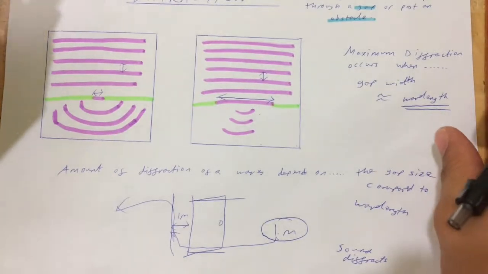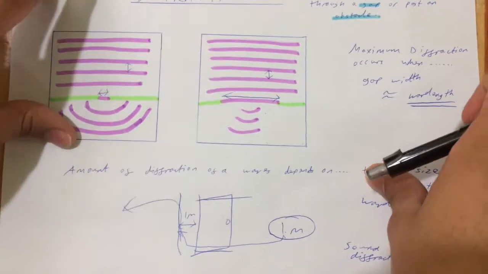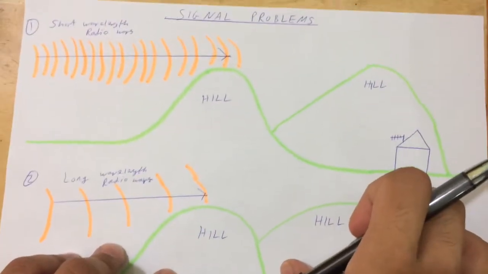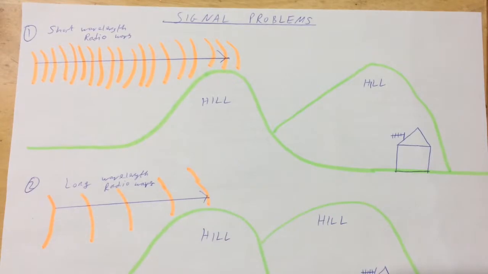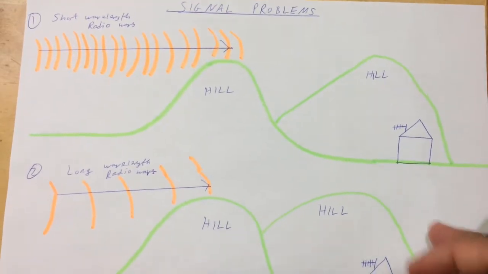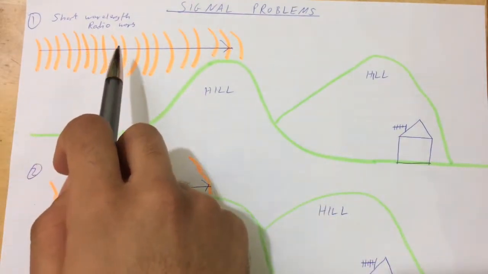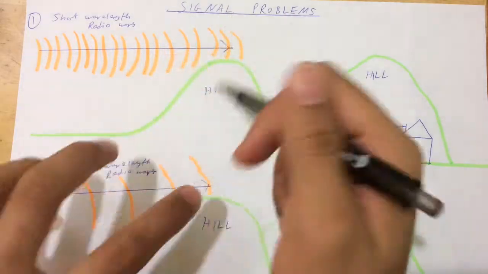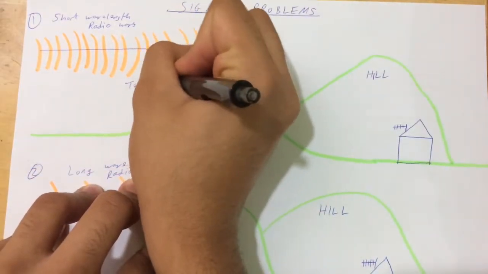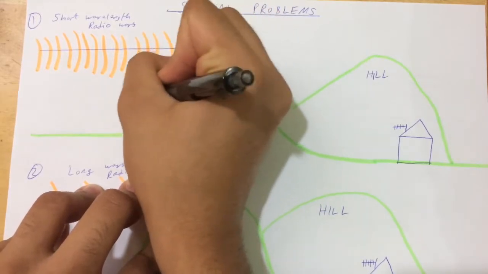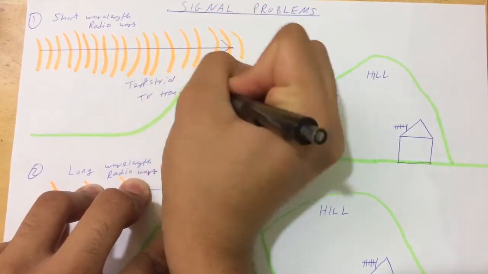Now let's move on to an example that the exam board loves to ask you about. Signal problems. Do not be surprised if this shows up in your exam. Example 1. We have radio waves of a short wavelength that are coming from a terrestrial TV transmitter.